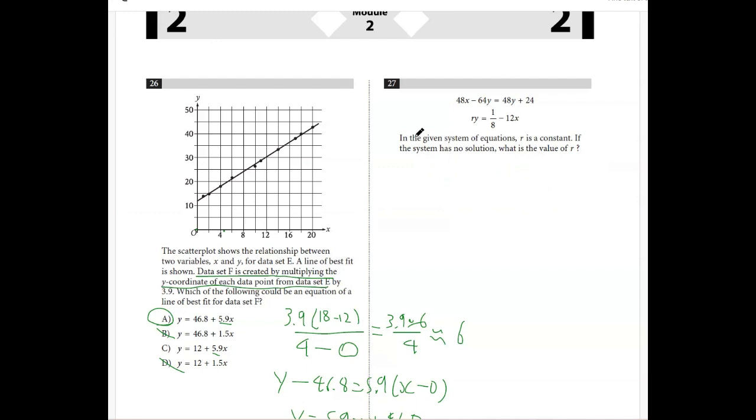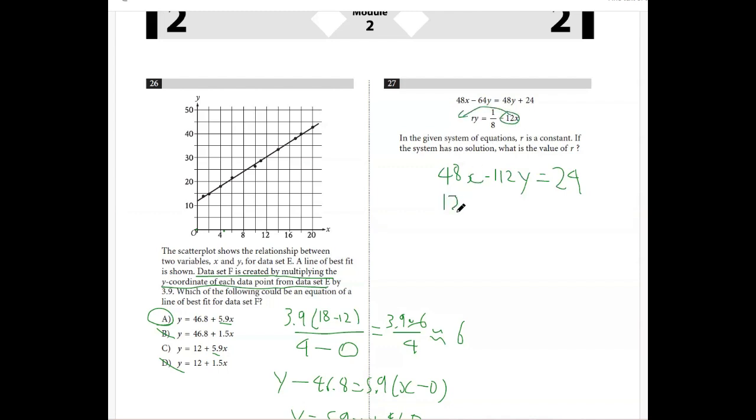Okay. And the system of equations, R is a constant. If the system has no solution, what is the value of R? Okay, so I'm going to put all my x and y's to the left. 40x minus 112y is equal to 24. I'm going to put this guy over here.